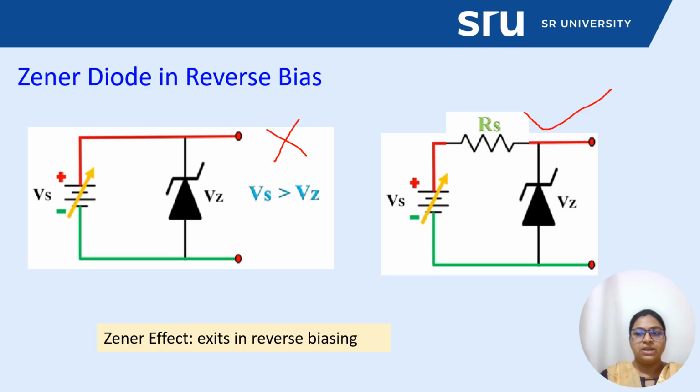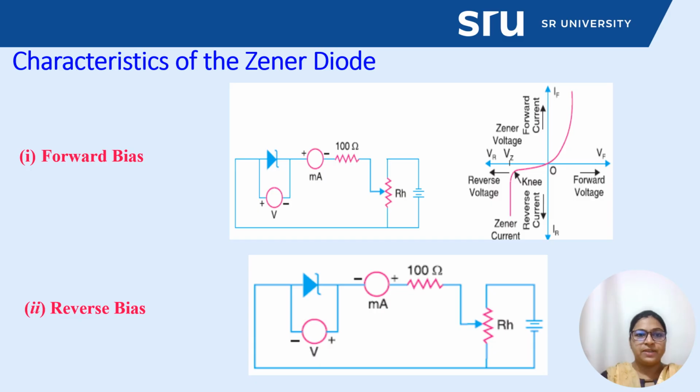Now let's see the Zener diode forward and reverse connections and how its characteristics vary. This diagram is the forward bias. Here we have the Zener diode. To measure its voltage we have connected a voltmeter, and in series an ammeter for current. Here we have connected a series resistance, and this is connected with a rheostat, a variable resistance.